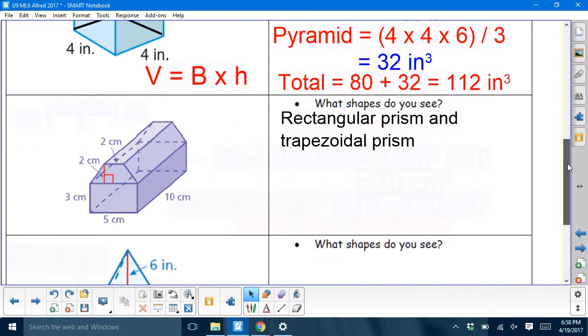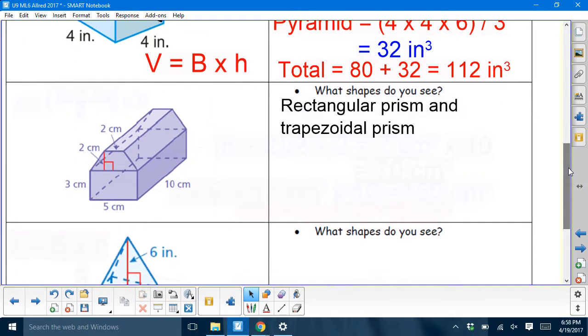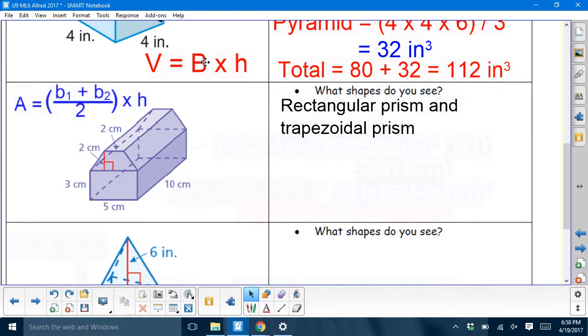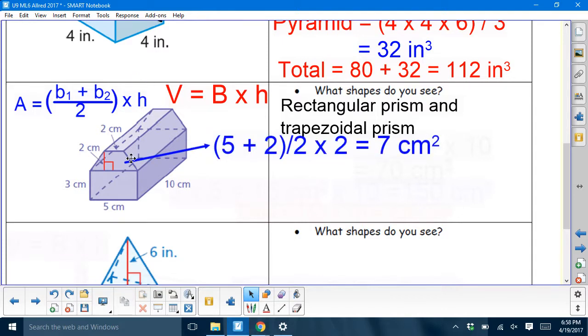I'm going to do one more problem here for you. I'm going to find the volume of this rectangular prism and trapezoidal prism for you. Okay? If you look up here, the formula for the area of a trapezoid is B1 plus B2 divided by 2 times height. I'm going to apply that formula to this trapezoid right here to find the area of the base of the top and do 5 plus 2 and get 7. 7 divided by 2 is 3.5 times 2 is 7.